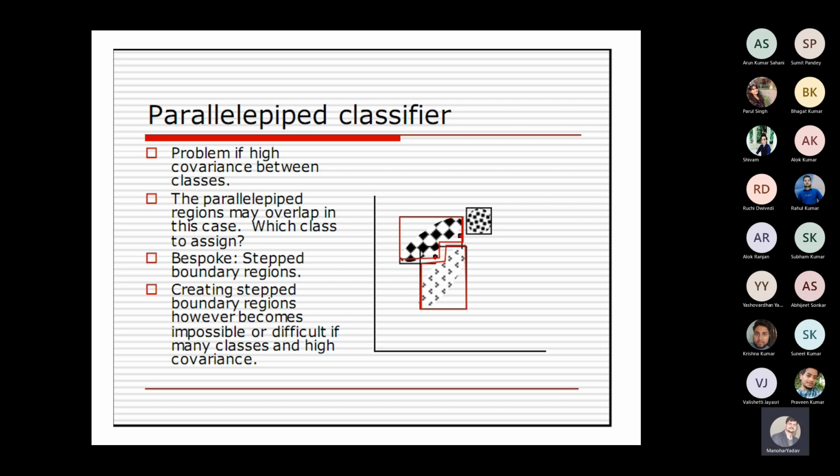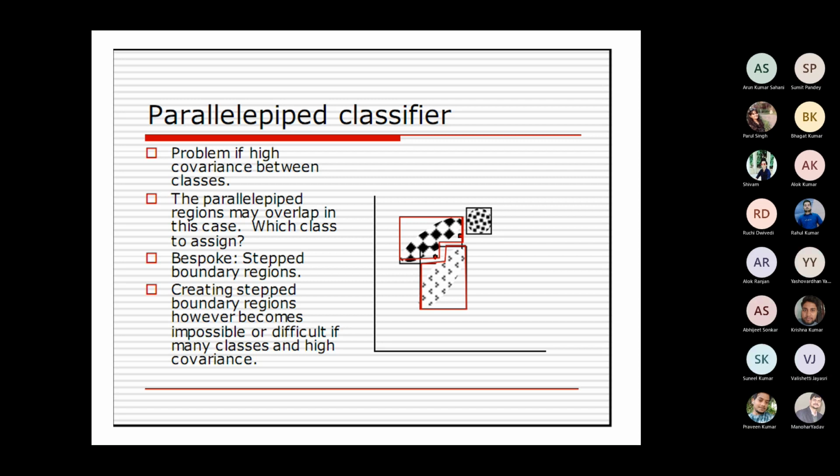The overlap region is stepped down. With the bespoking, the area that is overlapping is further divided into separate classes. So a step boundary rather than a regular boundary, now the boundary is stepped out.